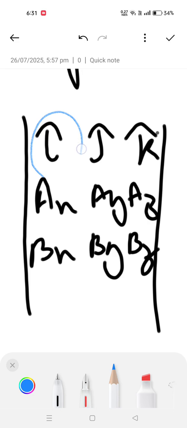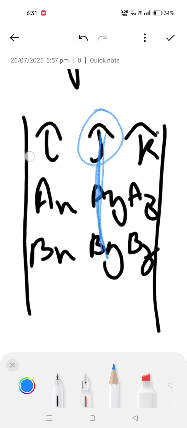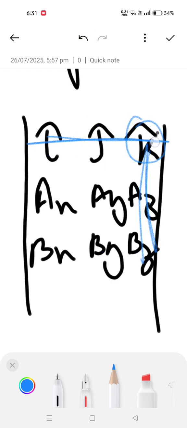First of all, we write i cap, which is Ay into Bz minus Az into By. So when we write i cap, we forget this whole part. Then when we write j cap, we forget this whole part. And when we write k cap, we forget this whole part, and we subtract Ax into By minus Ay into Bx.